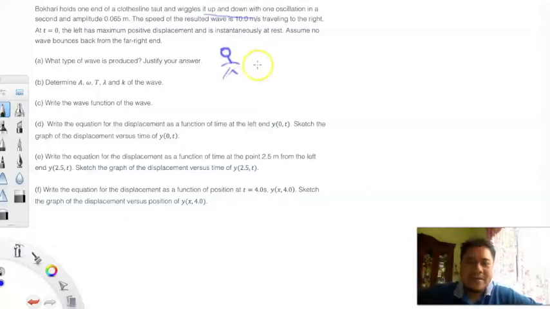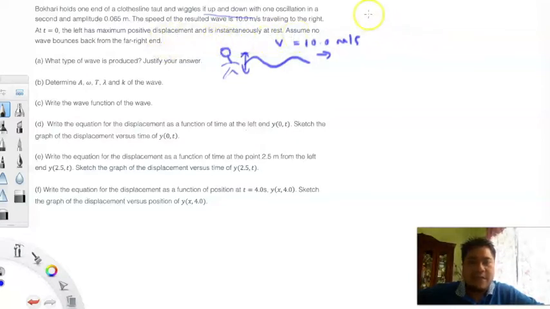This is Buhari and he has the rope and shakes it up and down. The wave speed is 10 meters per second, and it is traveling to the right. At t equal to 0, the left end has a maximum displacement and is instantaneously at rest.